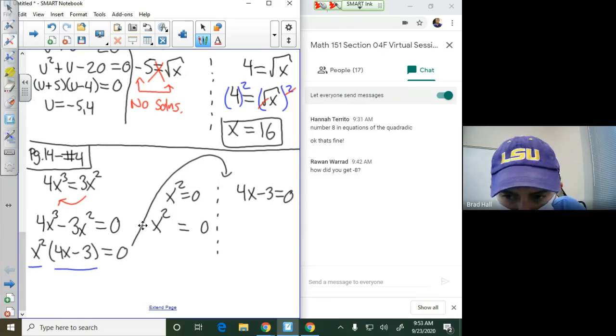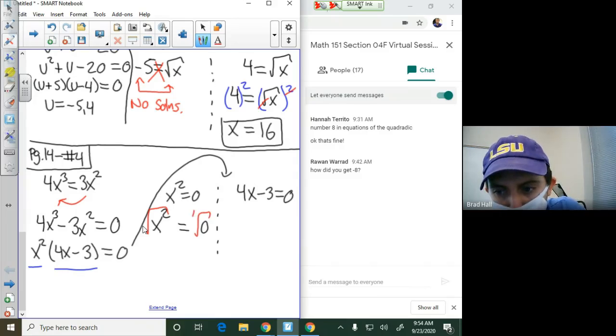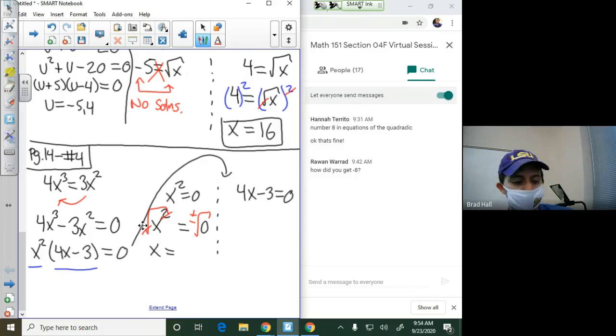For the left side, we would take the square root to get rid of the square, which would give us a plus or minus. However, it doesn't really matter. The square root of 0 is just 0. Plus or minus 0, still just 0. So if anything, we have one solution from this side.